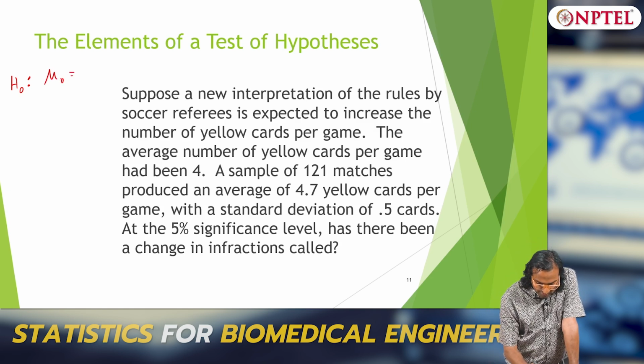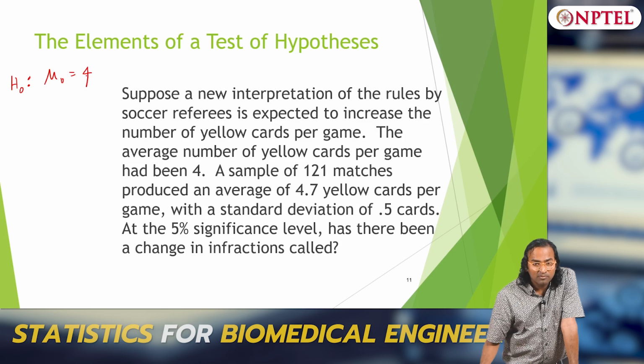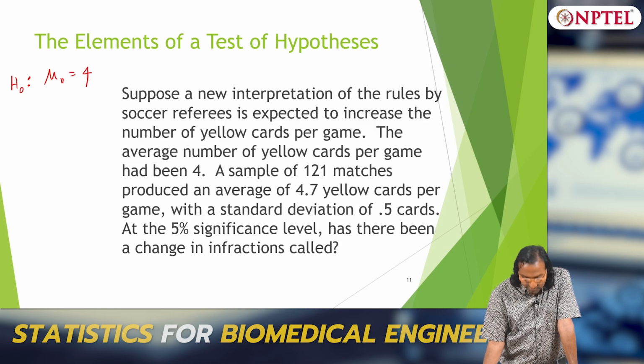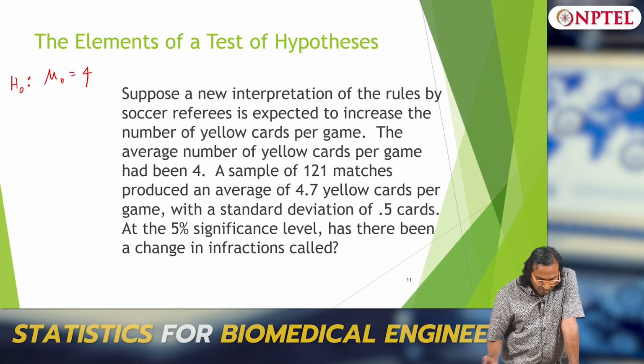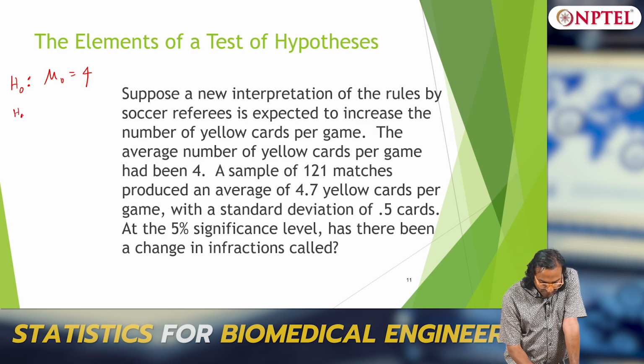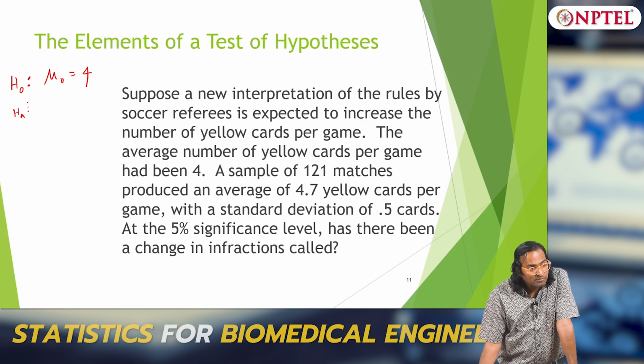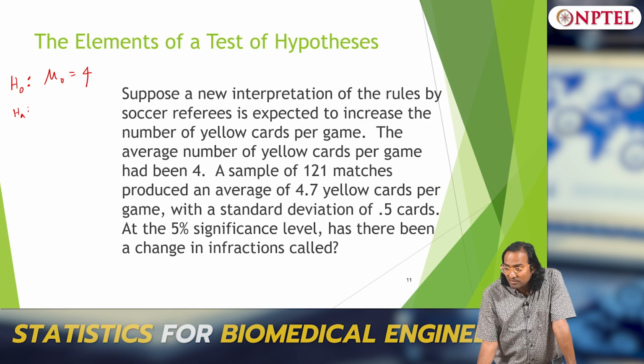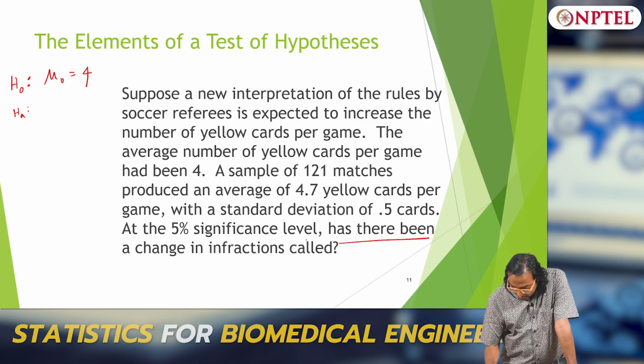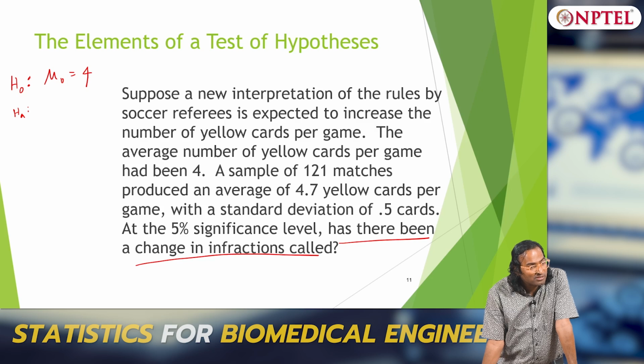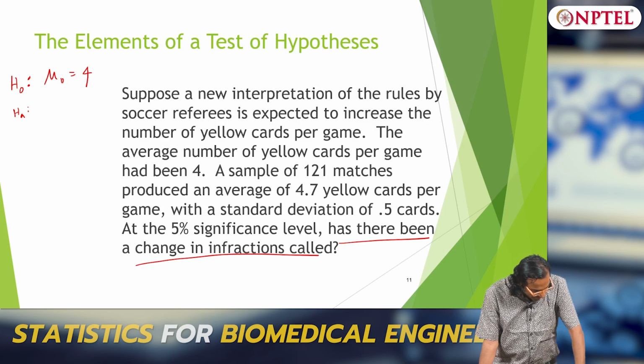Mu naught is 4. What is my alternate hypothesis? Mu is not equal to 4 is my alternate hypothesis. So is it a two-sided or one-sided hypothesis? It is a two-sided hypothesis.